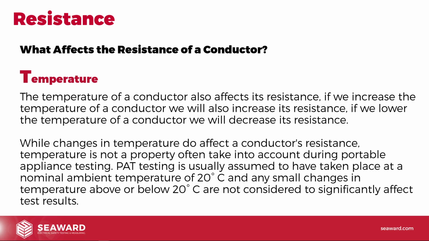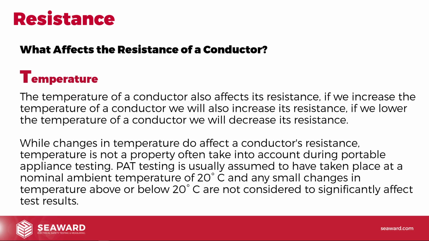While changes in temperature do affect conductors' resistance, temperature is not a property often taken into account during portable appliance testing. The reason is that although it does affect it, it's not a huge effect. PAT testing usually assumes testing takes place at normal ambient or room temperature of 20 degrees.